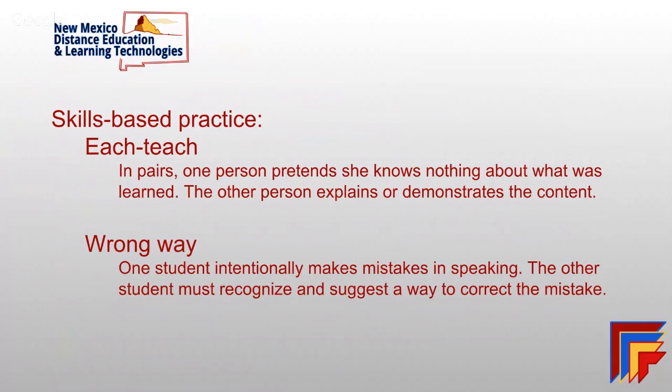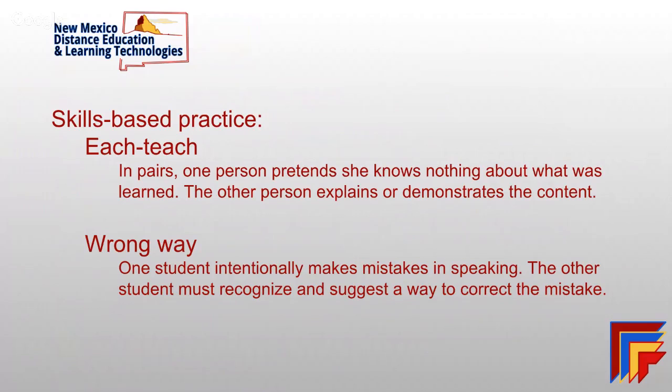Wrong way is a little more sophisticated, and this might be a little difficult with the lower level students to even get the idea of what's happening here. But one student intentionally makes mistakes, either grammatical errors or misuse of a noun or a verb or vocabulary word, and the other student must recognize and suggest ways to correct the mistake.